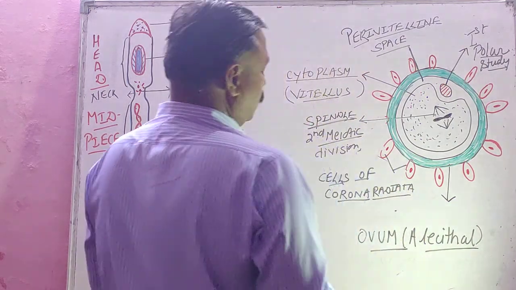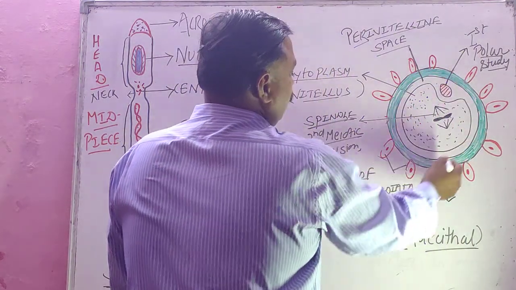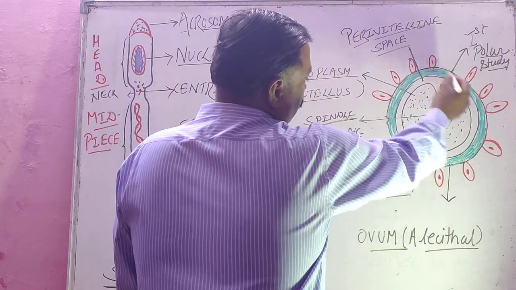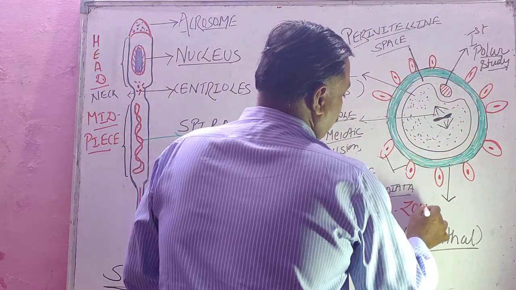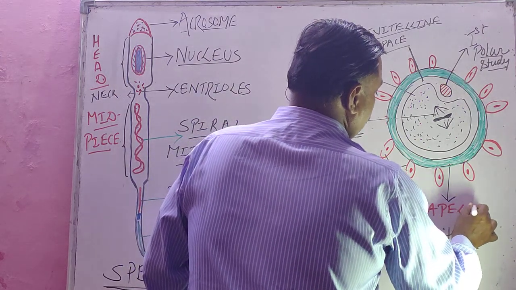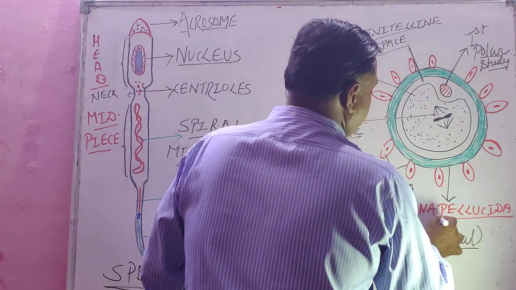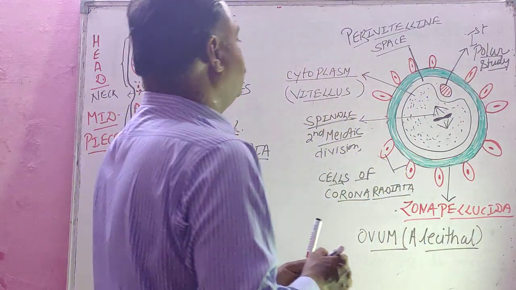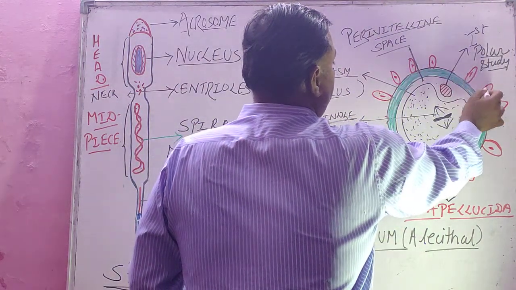I am using a different color for this. This transparent layer, I have used green color for this, is called zona pellucida. It is formed by the deposition of polysaccharides, and these are the cells of corona radiata.